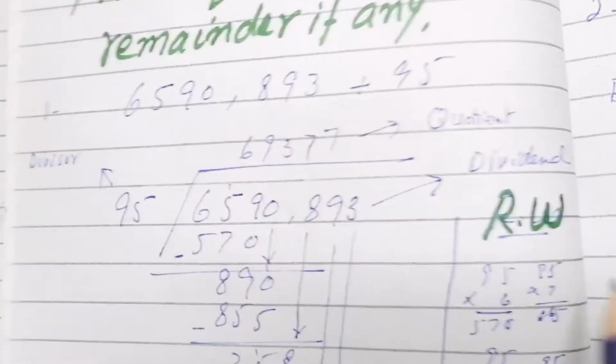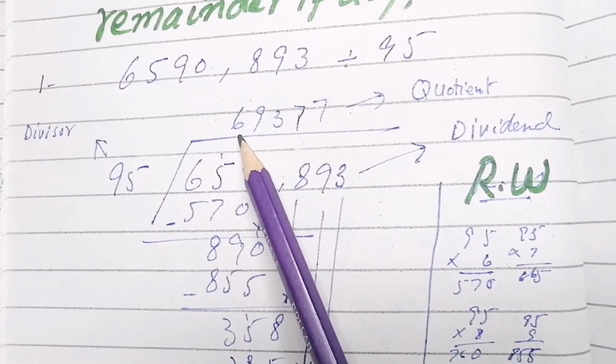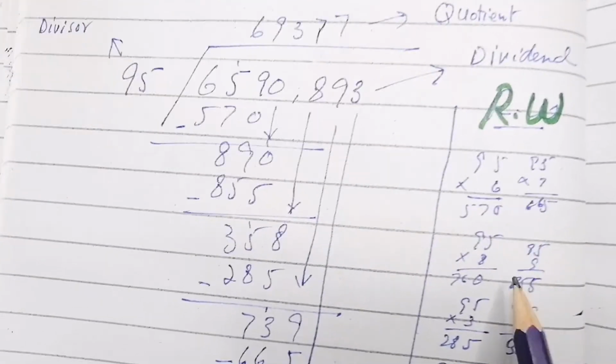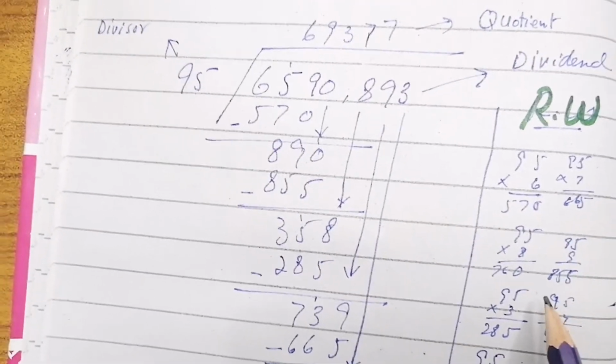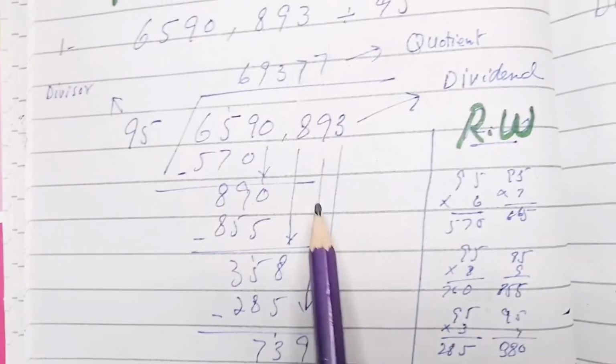6590 divided by 95. So we divide by 6. So always make a rough work column, so you can divide and multiply the numbers, for your convenience, right?